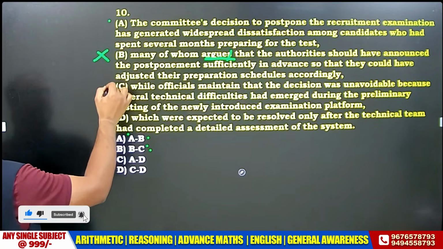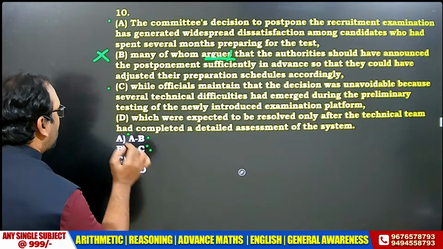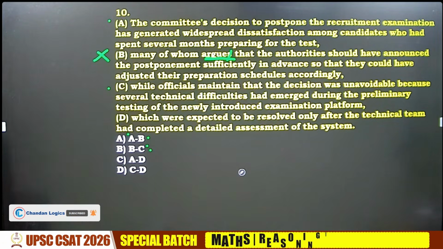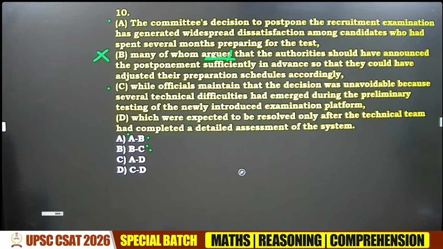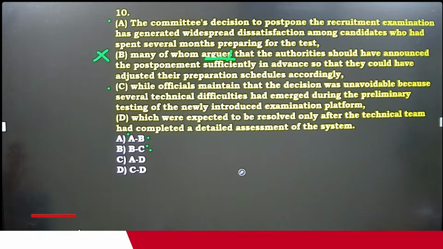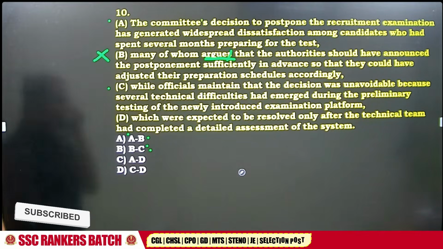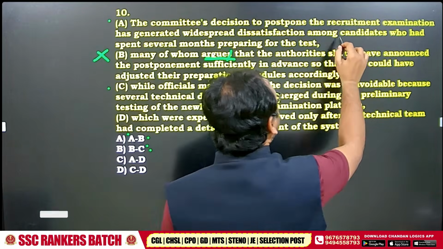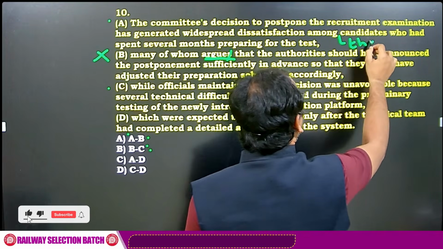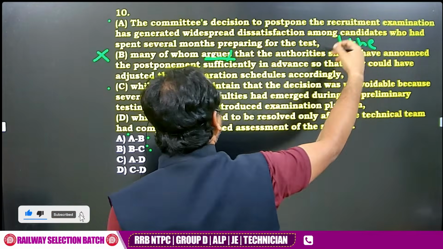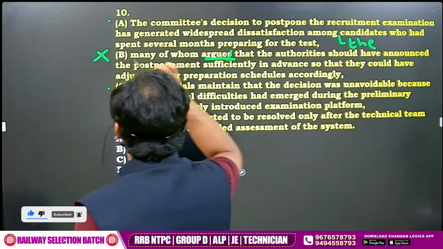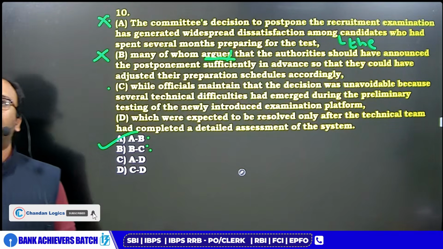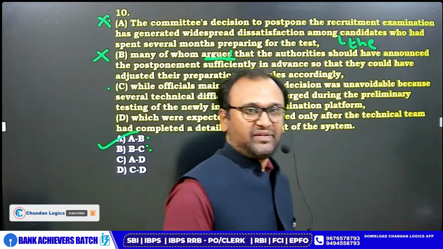Now you have A, you have C. Correct? Look at the A option. The committee's decision to postpone the recruitment has generated widespread dissatisfaction among candidates. Who are those candidates? Those are the candidates who wrote the exam. So you have to say among the candidates who had taken the test, who had spent a lot of time. The article 'the' is important. I'll give you one simple example.